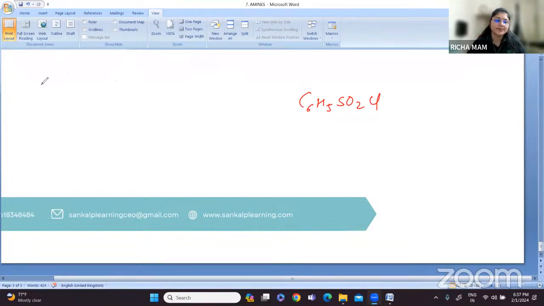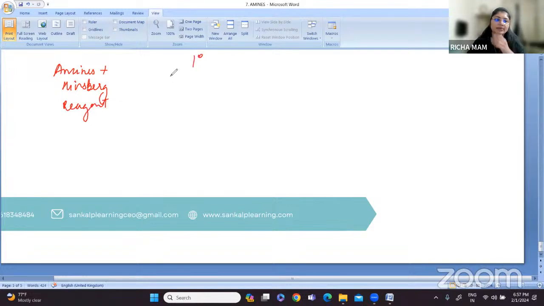So the test is like this. The reagent name is benzene sulfonyl chloride. I'll write the reaction. Amines react with Hinsberg reagent. Primary amines form a product that is soluble in alkali.